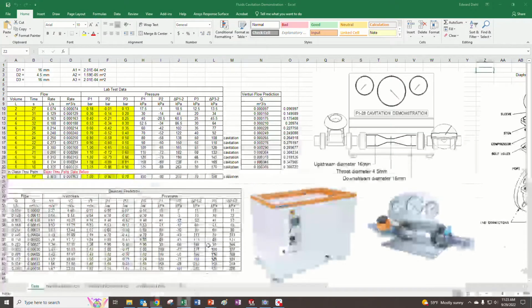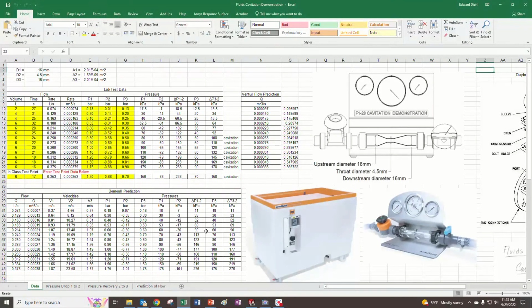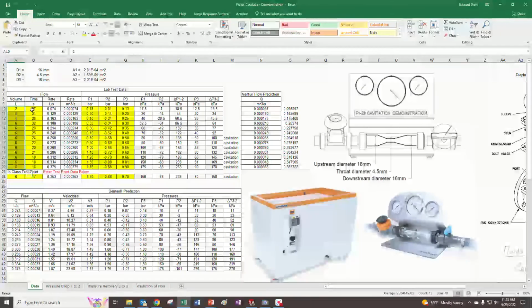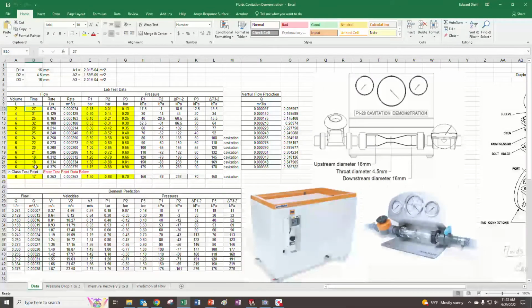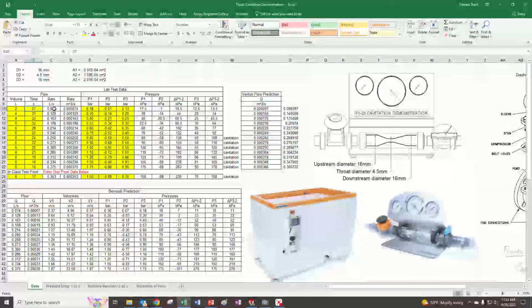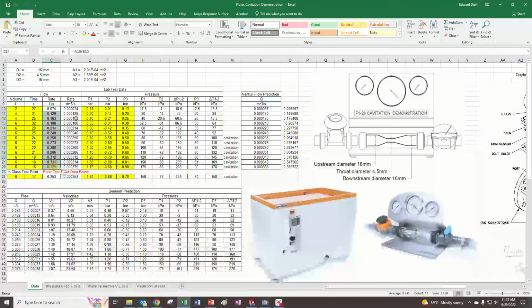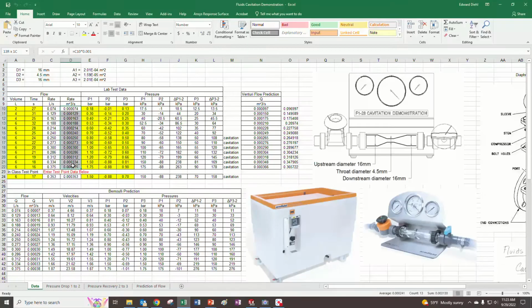So I went ahead and used this piece, and outside of class, we didn't have a lab for that class, but I used this to run a bunch of different tests. So here's the volume that I accumulated, and I had a stopwatch, and I took how much time it took. So that allowed me to get the liters per second, and here it is in cubic meters per second.